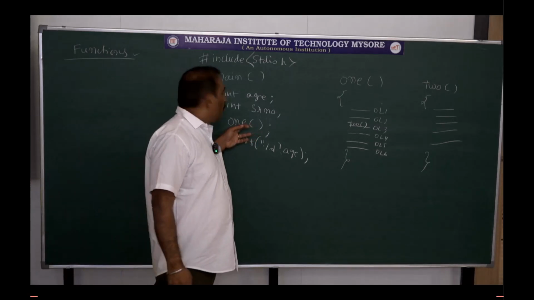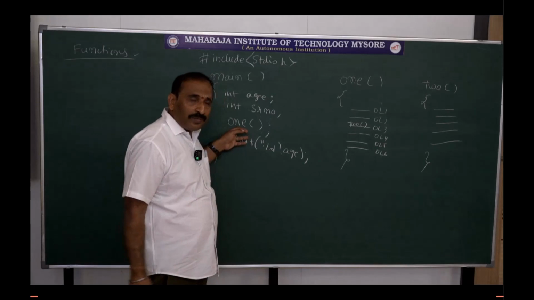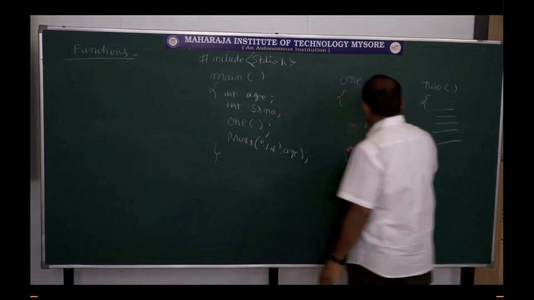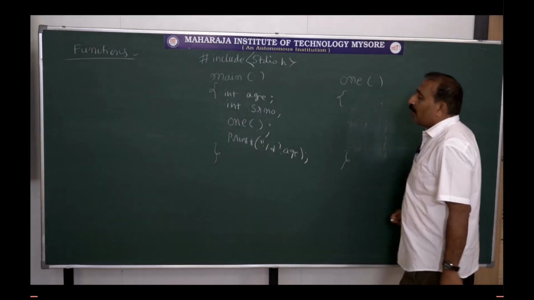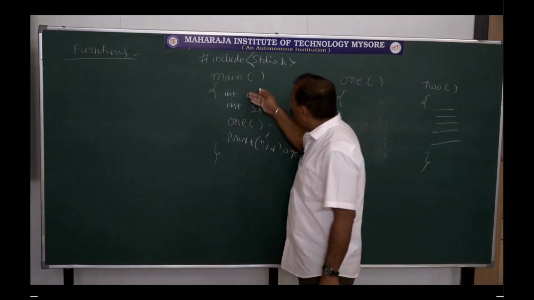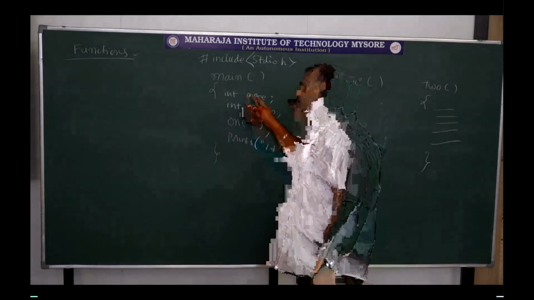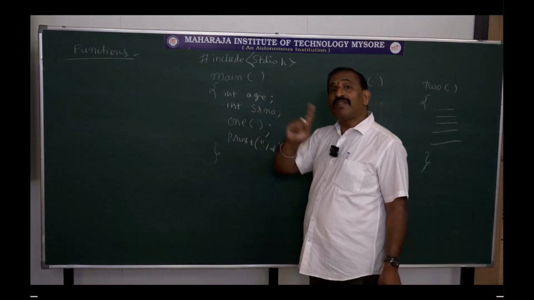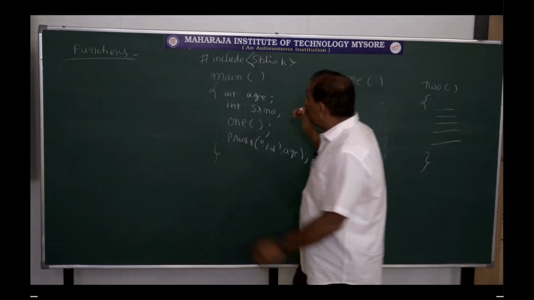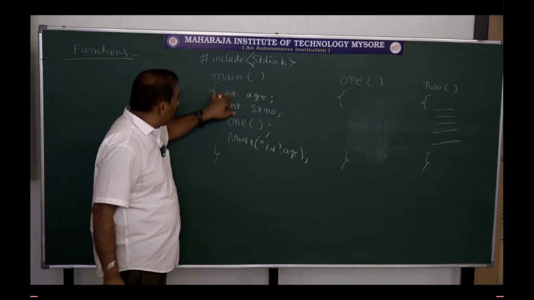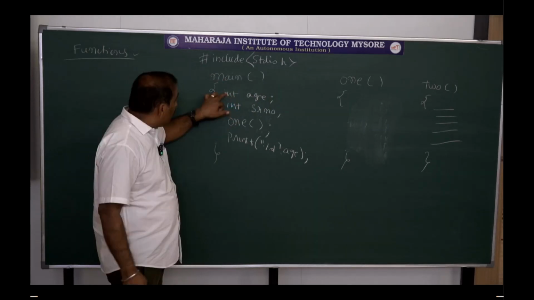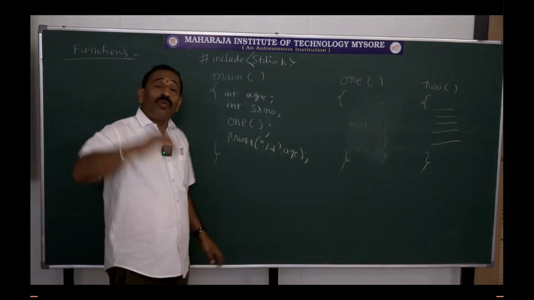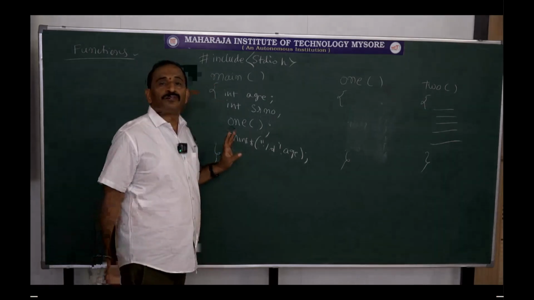Now, when you call a function called 1 within this main, you are coming here. You may be thinking that all the variables that I have declared here in the main are valid here. No, they are not valid. As main has got some variables declared within these brackets, they are valid only within this bracket.